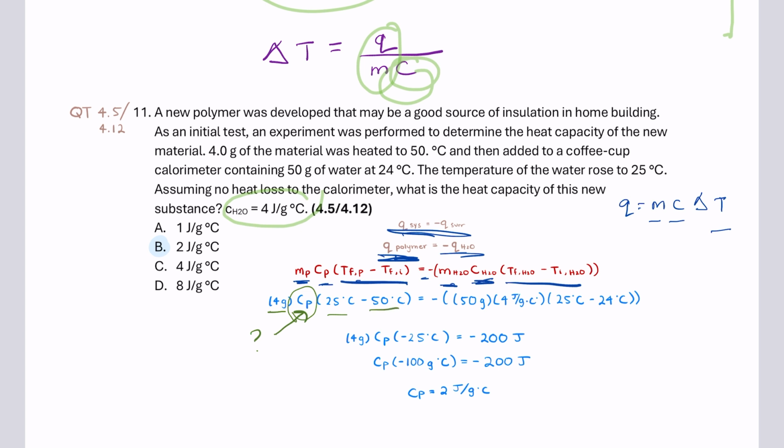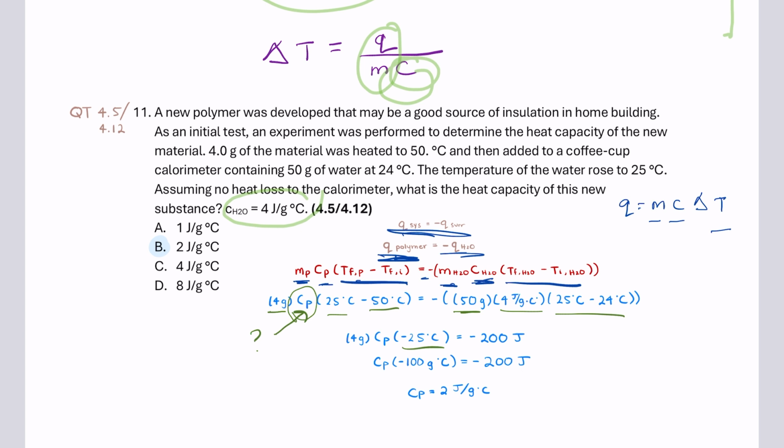So delta T here is going to be 25 minus 50, or negative 25 degrees Celsius. On the water side, we know we have 50 grams of water. The specific heat capacity of water is 4 joules per gram per degree Celsius. And the temperature change is 25 degrees Celsius minus 24, or plus 1 degree Celsius.